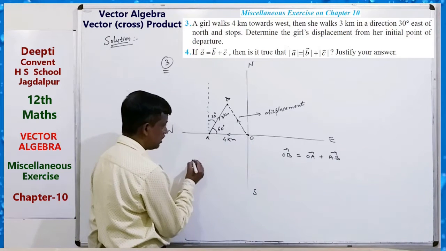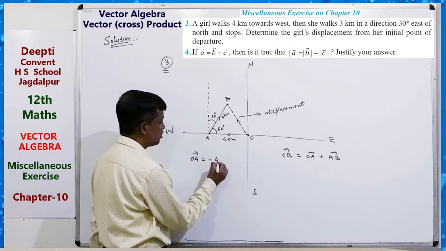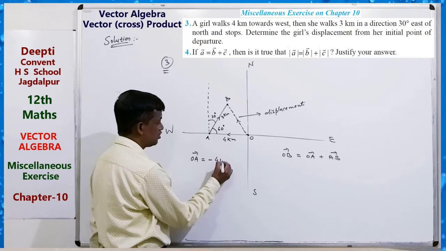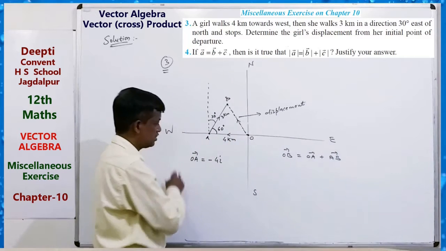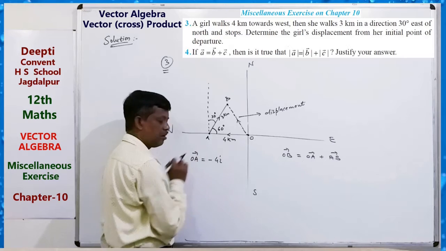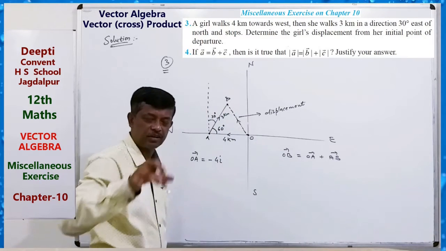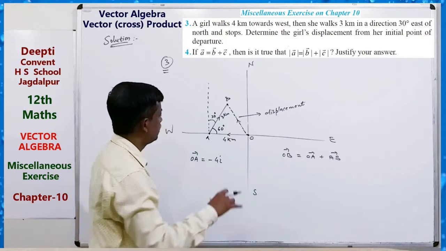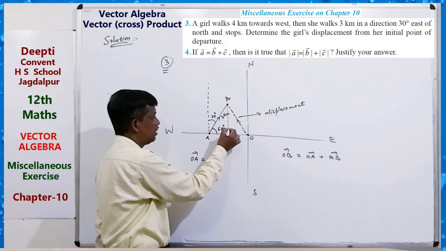OA we can write as minus 4 i. This is the x-axis direction, this is the y-axis direction. So we can write OA equals minus 4i, and this is equal to this scalar component.